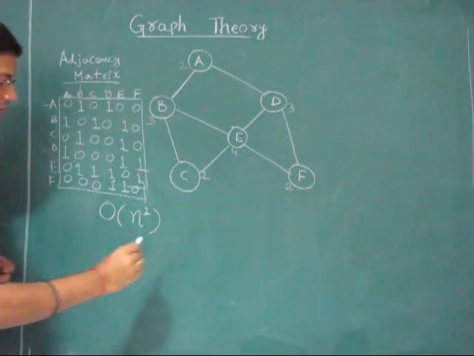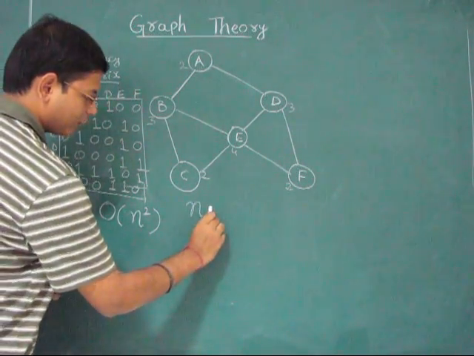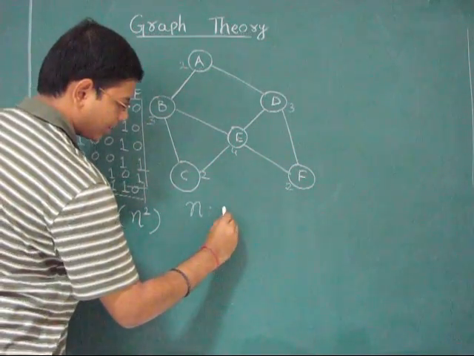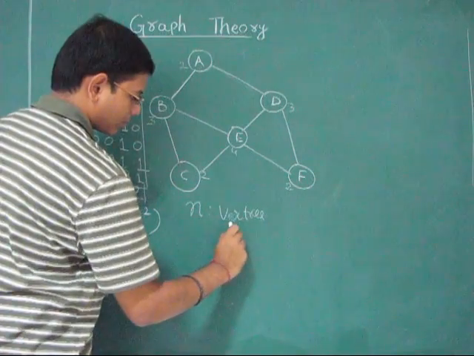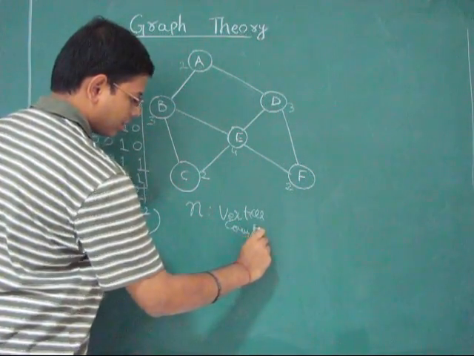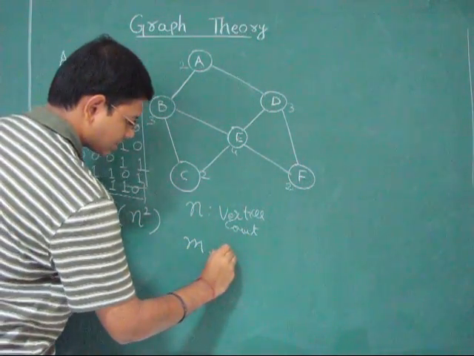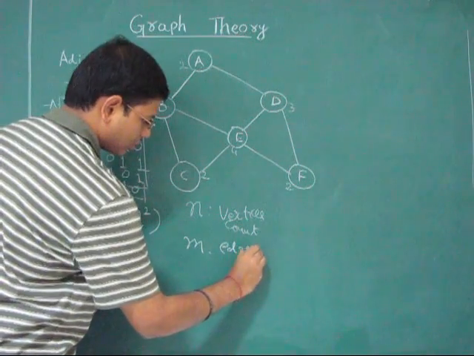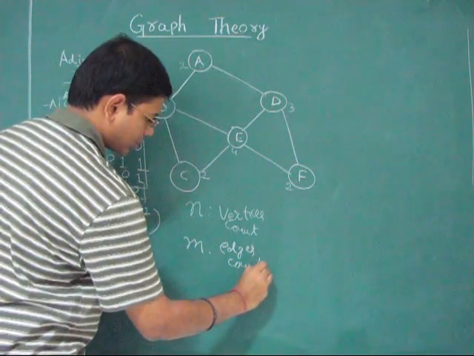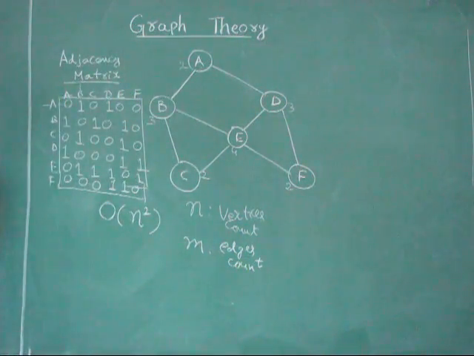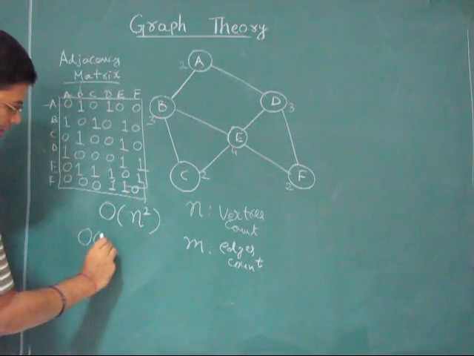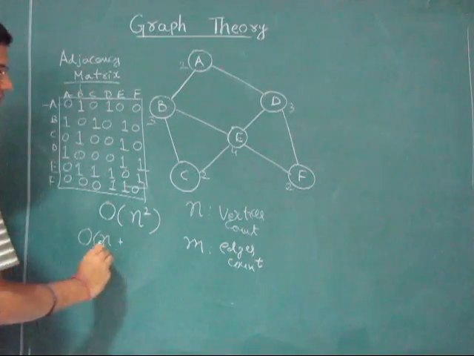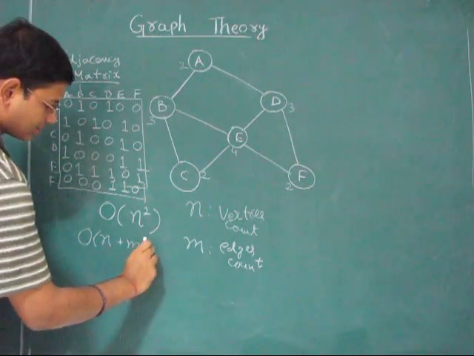Okay. So usually we represent the number of vertices using n and the number of edges using m. So the actual information present in the graph is just the number of vertices plus the number of edges.